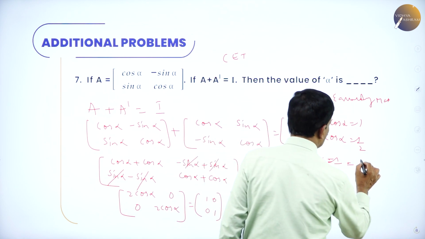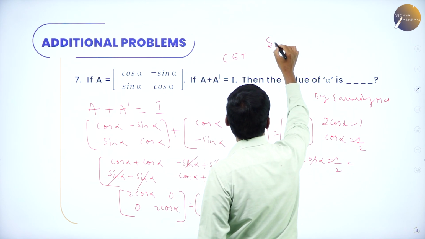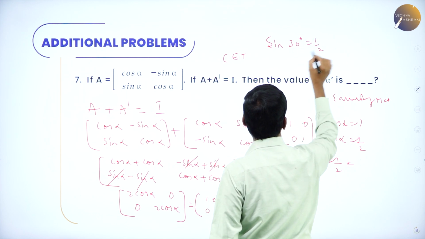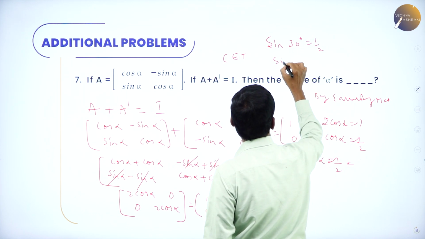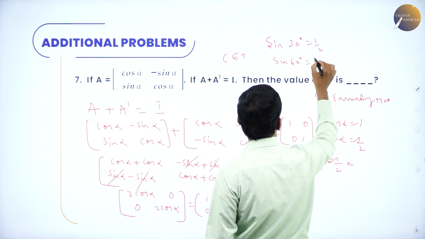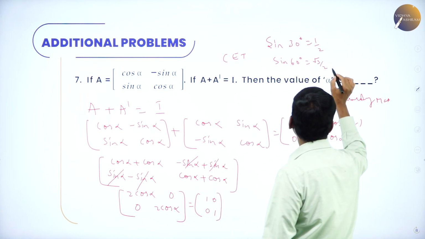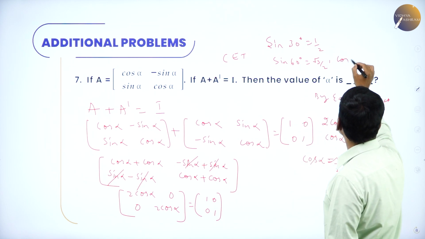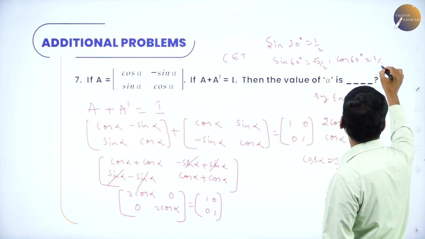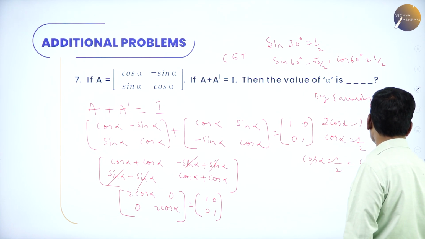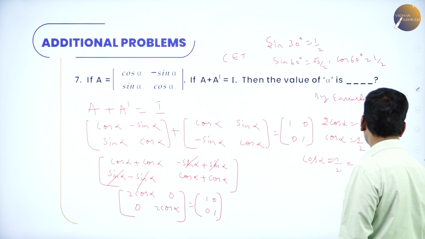So you know this, sin 30 degrees is 1 by 2, then sin 60 is equal to root 3 by 2, and cos 60 is equal to 1 by 2. So, cos of 60 degrees can be written as pi by 3 radians.